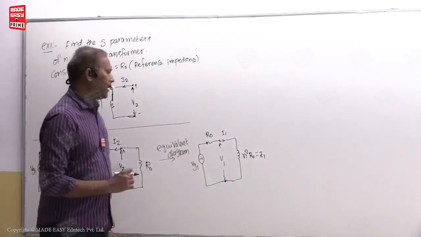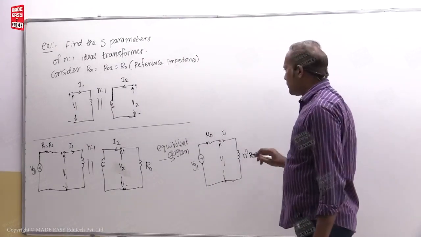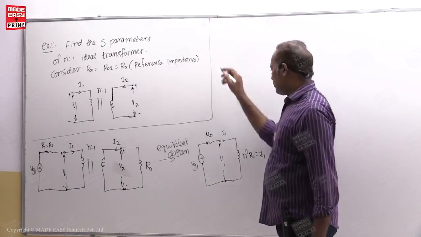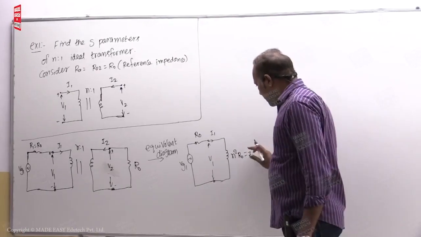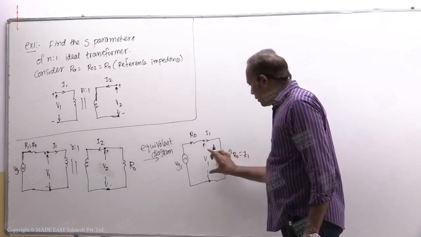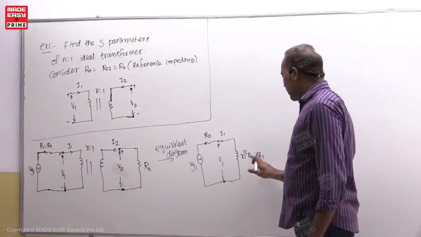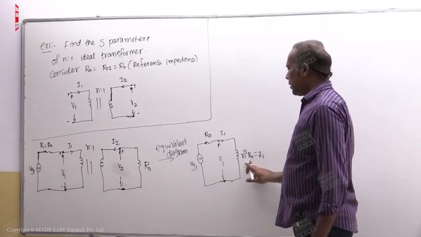This you will study in network theory: n square into R0, so Z1. Now this is the input impedance. Z1 is equal to the voltage across this divided by the current into this. So that is Z1. You got this.